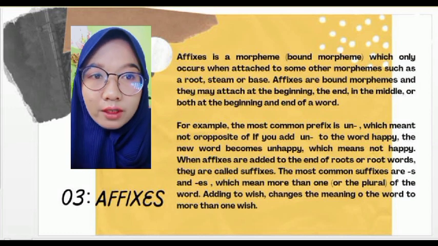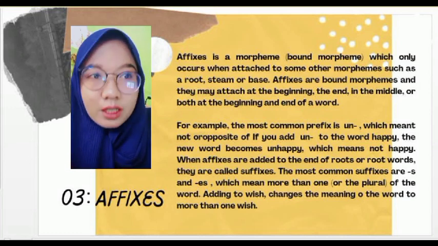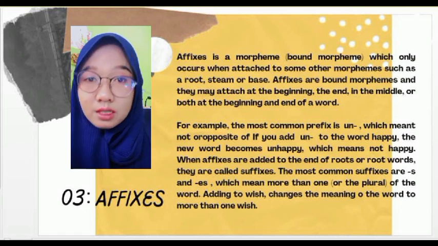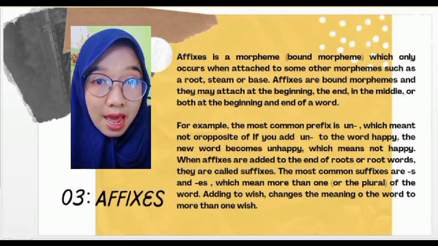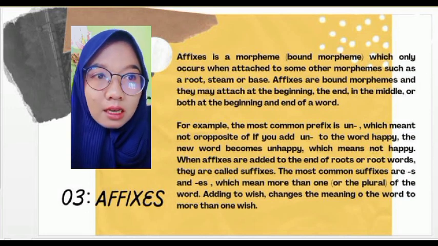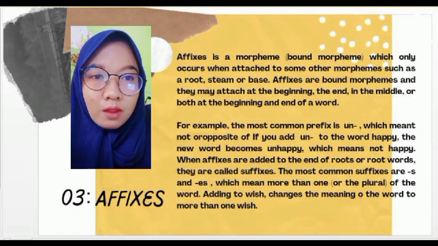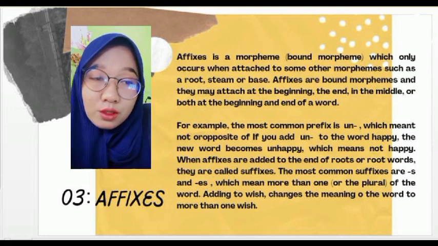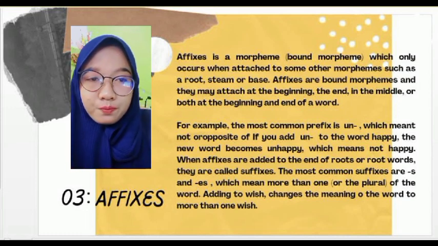When affixes are added to the end of roots or root words, they are called suffixes. The most common suffixes are s and es, which mean more than one or plural of the word. Adding s to wish changes the meaning of the word to more than one wish.